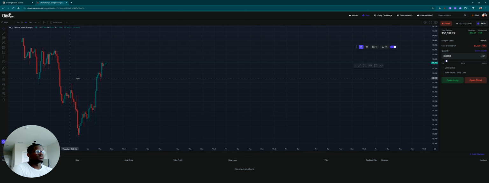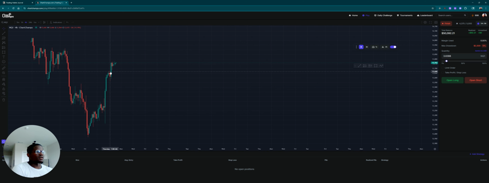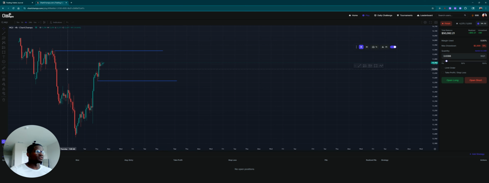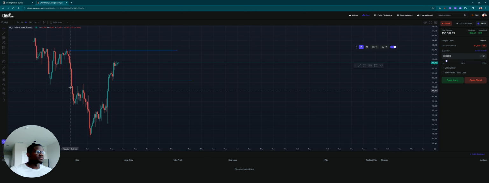Thursday at 7, 1, 2, 3, 4, 5. Friday at 7. Okay, we did get kind of an impulsive move here. Let's mark out some points of liquidity. We have that, and then we have this point right here on the 4 hour. So we just inverse this, and then the buying pressure is kind of slowing up a little bit.